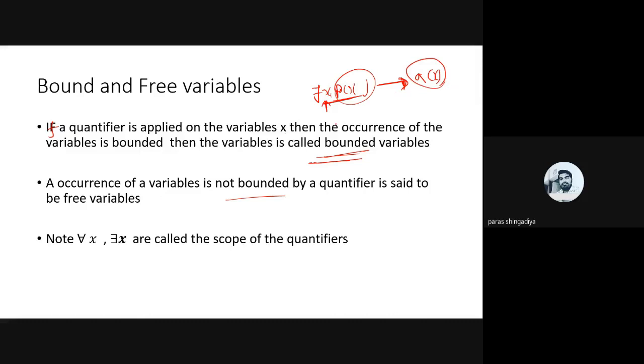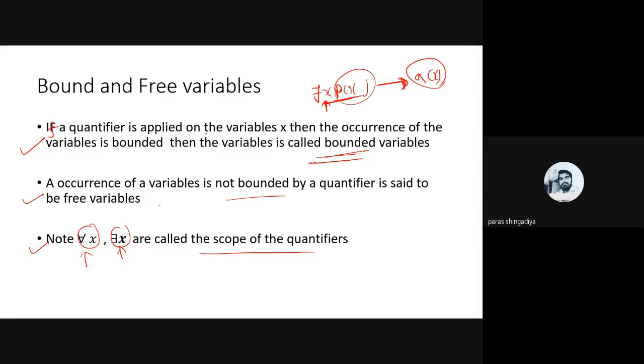So this Q(x) is the free variable in this case. An occurrence of the variable that is not bounded by a quantifier is said to be the free variable. And here every x and there exists x are called the scope of the quantifier. So first we'll check the bound variable, then the free variable, and then we'll check which scope is given in this form.